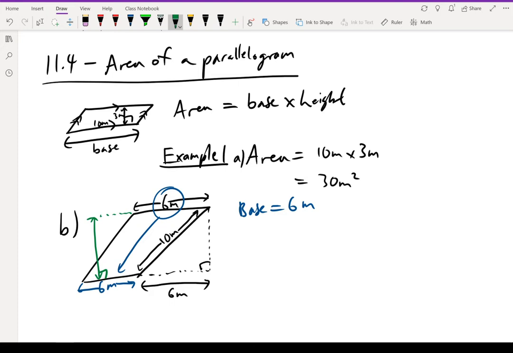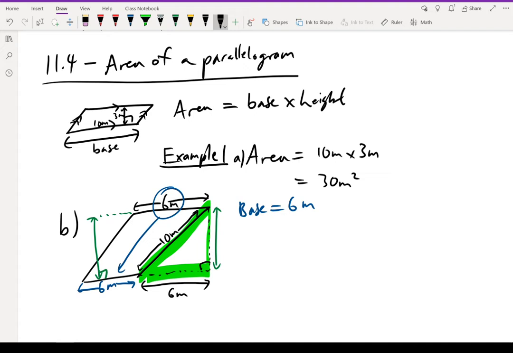That's 90 degrees. And so this is actually the same as this height over here. Now, how do we find this height? Well, it just so happens that this dotted triangle over here is a right angle triangle. And if we remember how to find the lengths of a right angle triangle, we can use Pythagoras theorem.